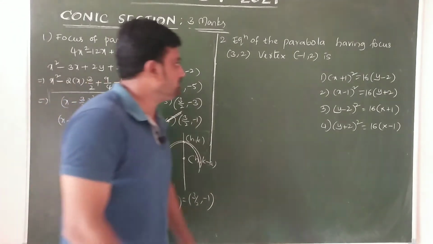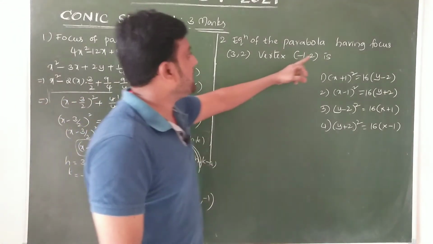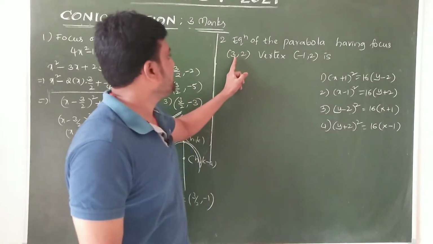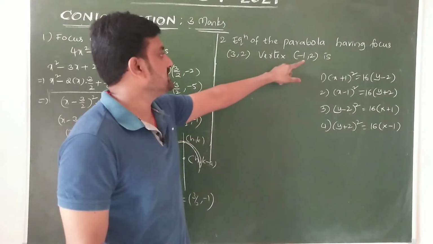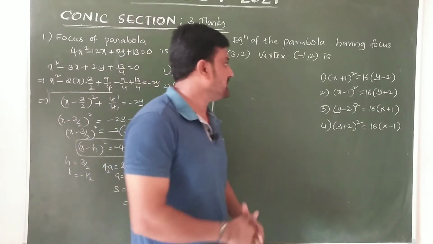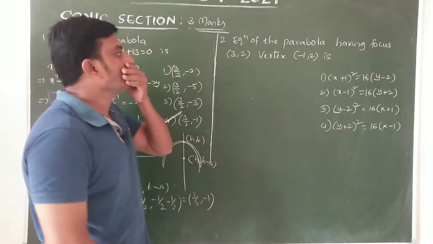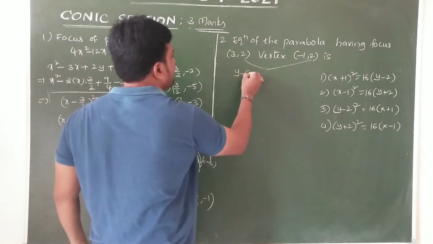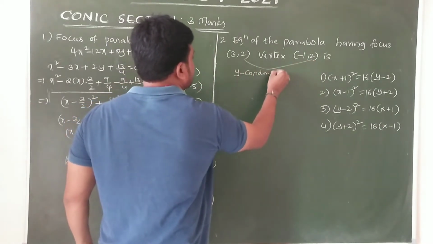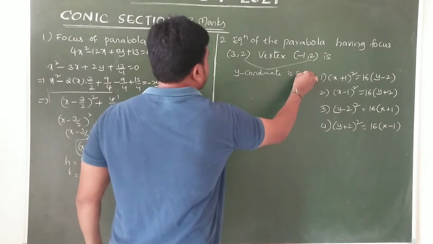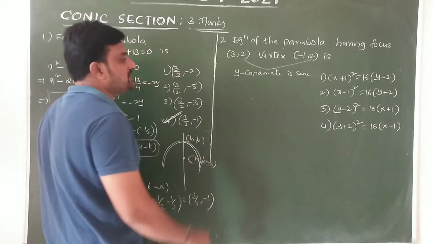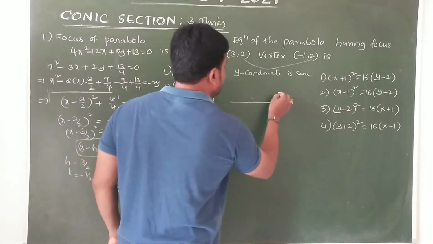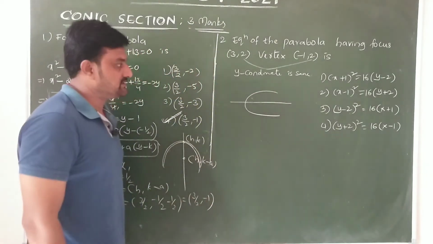Now next one. The equation of the parabola having focus 3 comma 2 and vertex minus 1 comma 2 is what? Clearly observe here, y coordinate is same, okay. If y coordinate is the same, then axis should be parallel to the x axis.